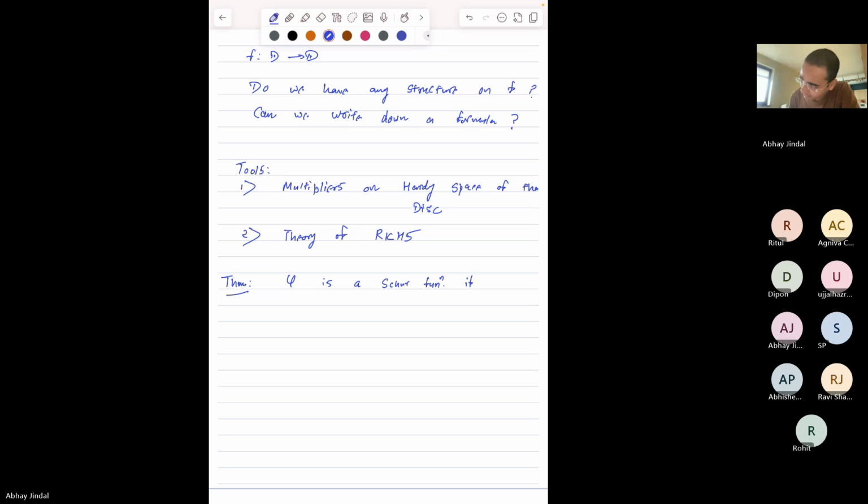If and only if there is a Hilbert space H and an isometry V from C direct sum H to C direct sum H. We'll see in the proof that this isometry can also be taken to be a unitary. It doesn't matter.